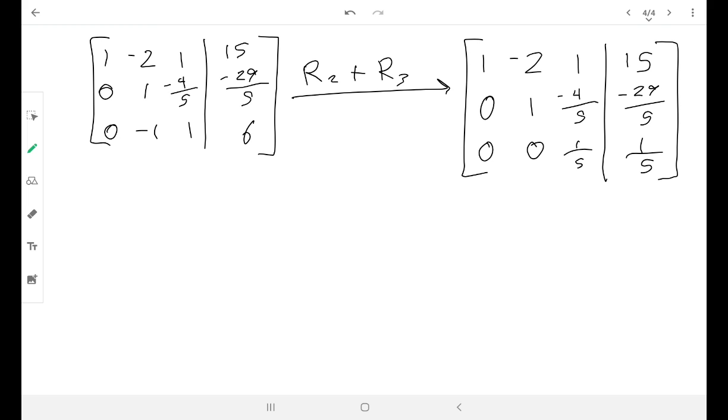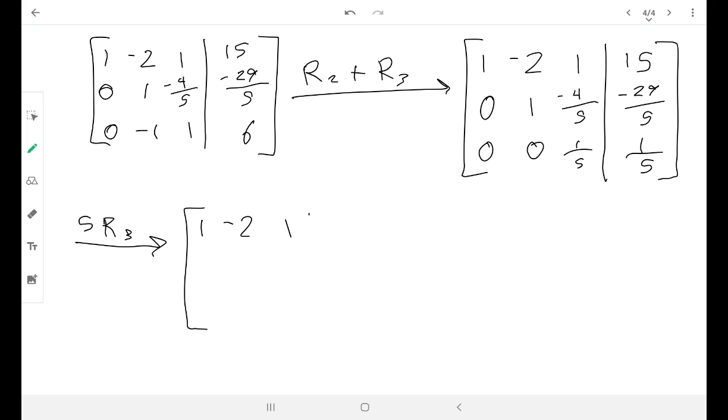And then I want that to be a 1, right? So that is pretty easy to do. I can just multiply row 3 by 5. I can do 5 times row 3, and that'll happen.